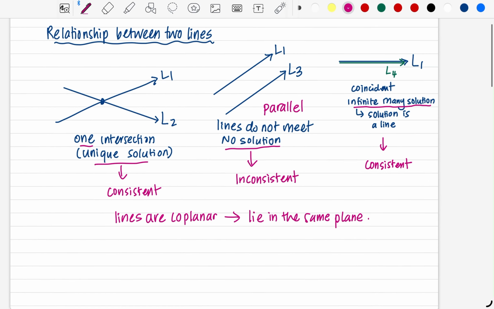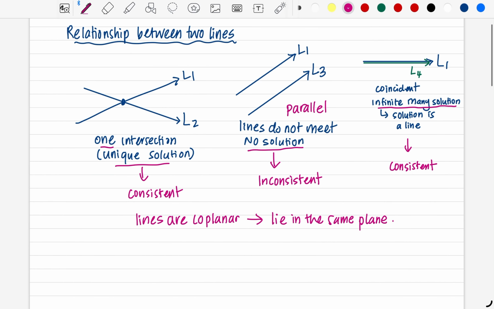There is one case if the two lines are not coplanar, meaning not in the same plane.